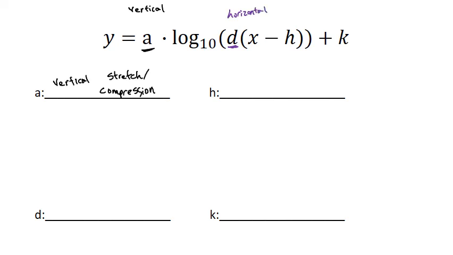And what we noticed was that this horizontal change was making the graph either be pulled to the right or pushed from the right. So this change is going to be described as either a horizontal stretch if we're pulling it, or a horizontal compression if we're pushing it.